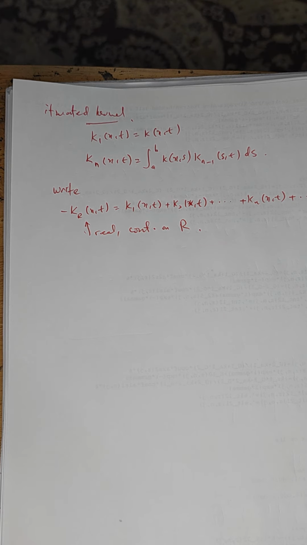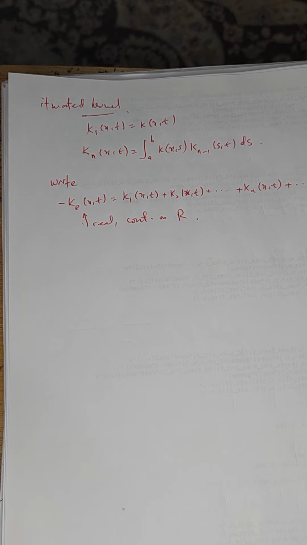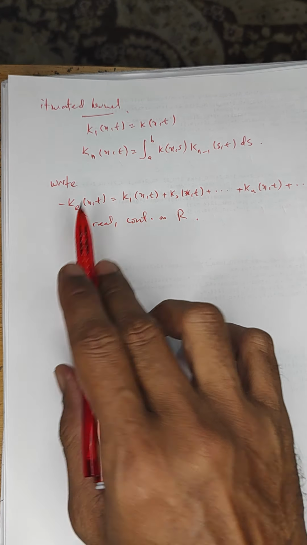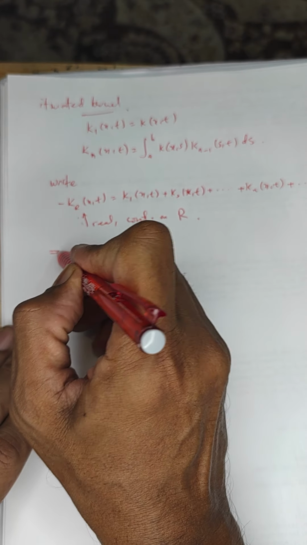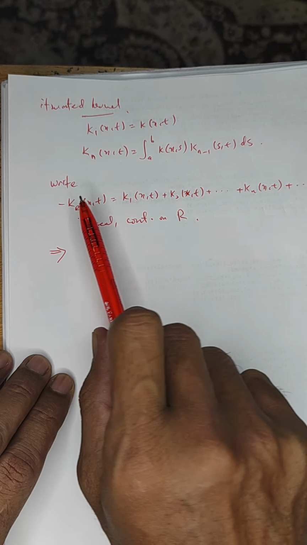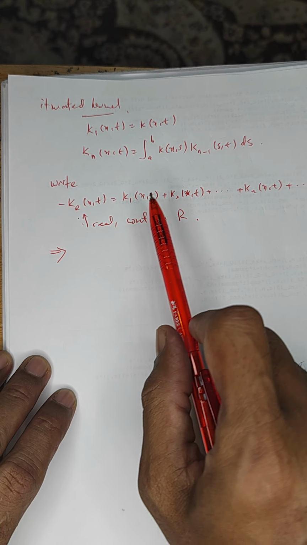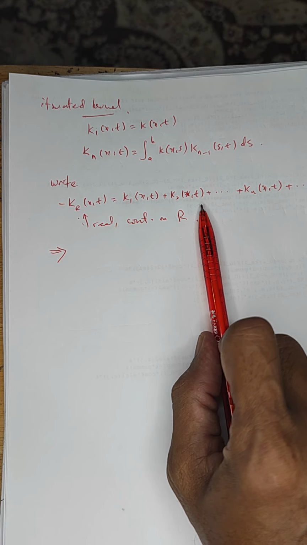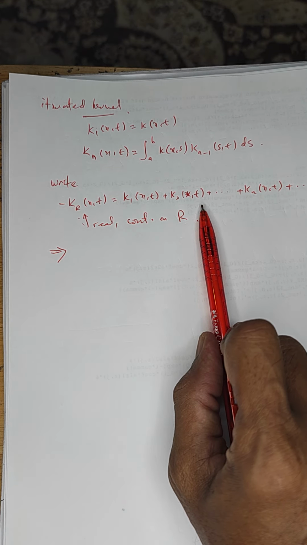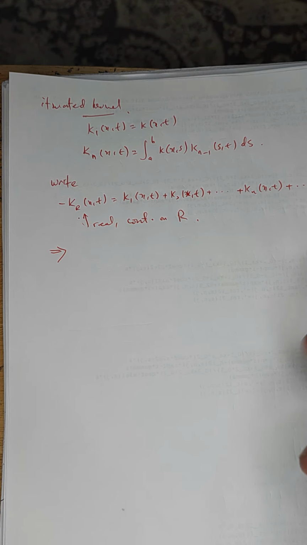Okay, then we can write this. Of course, in this case we need this series to be absolutely and uniformly convergent for m(b−a) less than 1.